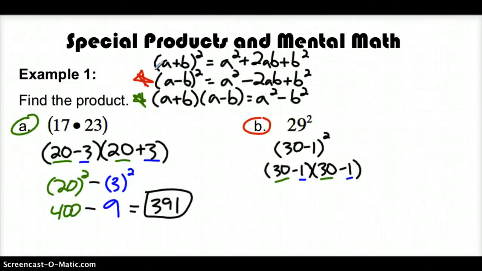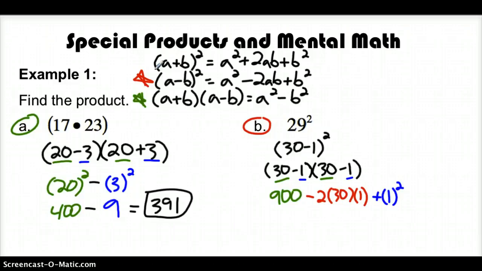So following the pattern, a squared is 30 times 30, which is 900. Then minus 2 times my a term of 30 times my b term of 1, and then plus b squared, which is plus 1 squared, and that is just 1.